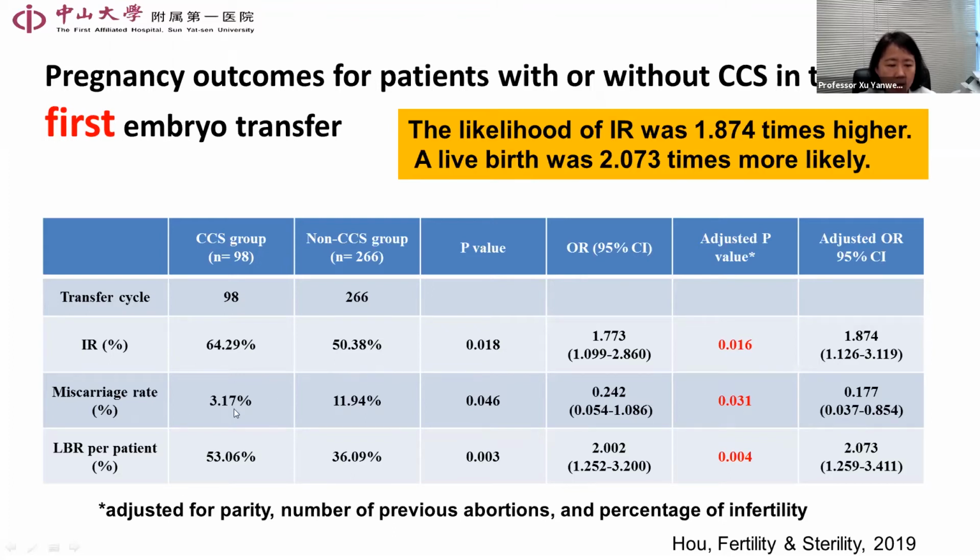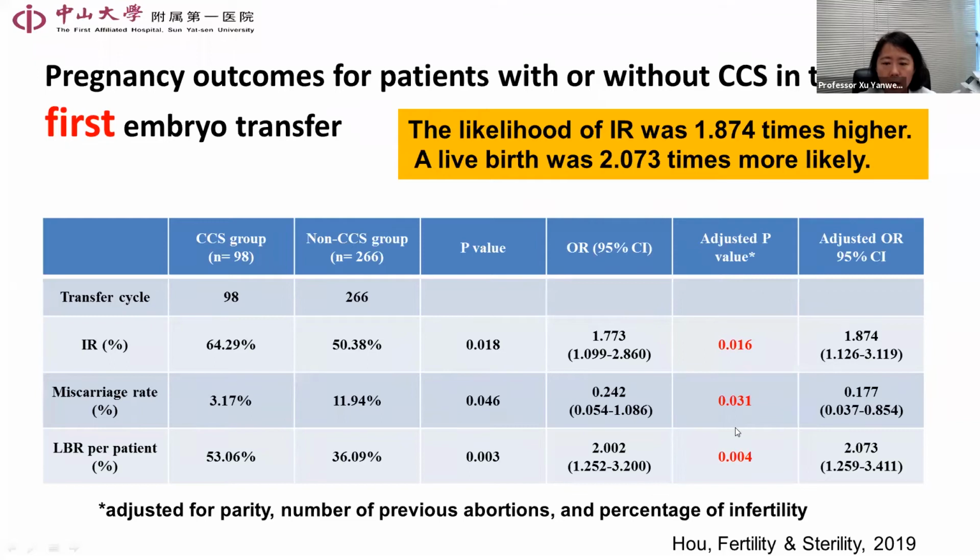And the miscarriage rate is reversed. For the PGT-A group, it's only 3.17%, while in the control group, it's almost 12%. And we got a significant difference, even after adjustment for the confounders.